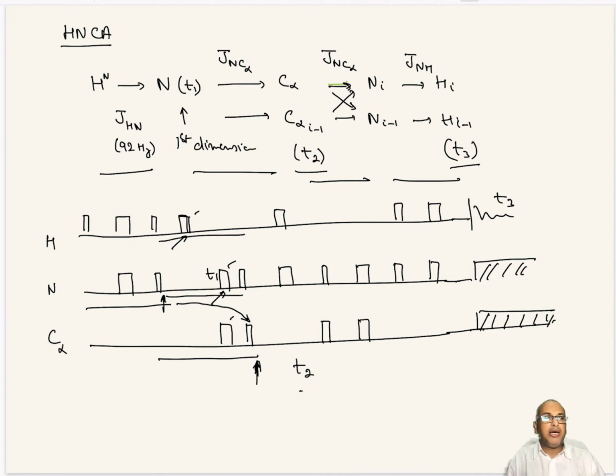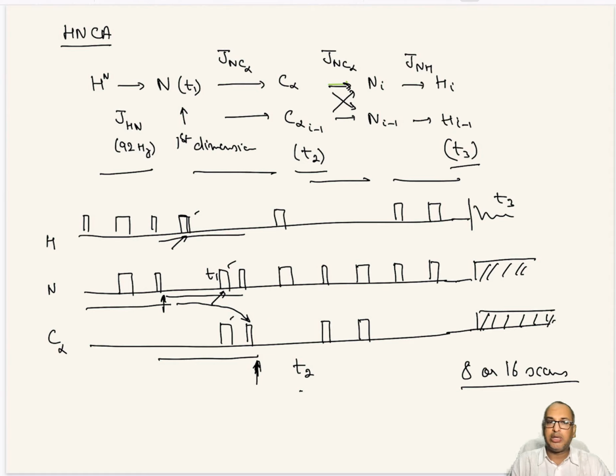I have not written explicitly all the delays or the phase cycling or phases, but typically there's a long phase cycling, typically of 8 or 16 scans, but let's not go into those details. The focus here is that there is a basic INEPT which tries to transfer the magnetization from proton to nitrogen, and then there is a spin echo type period so that nitrogen chemical shift evolution can happen.